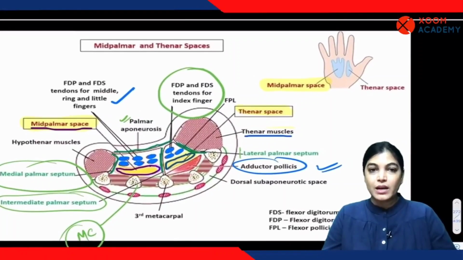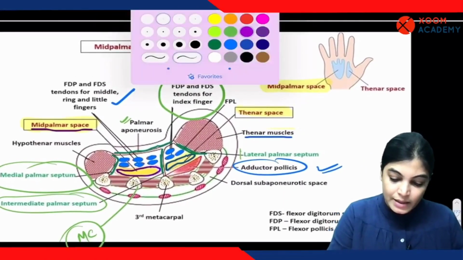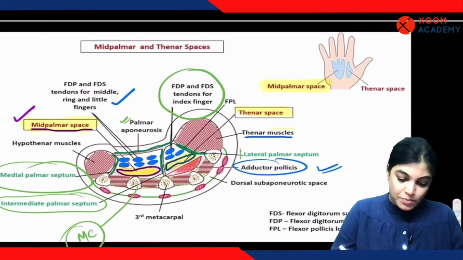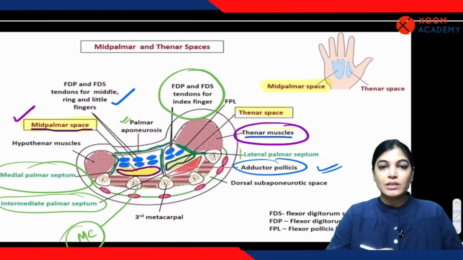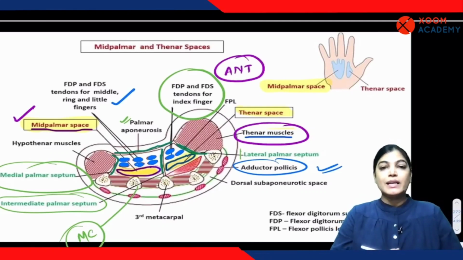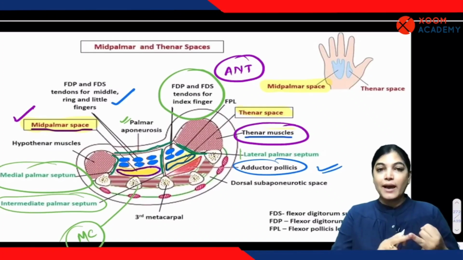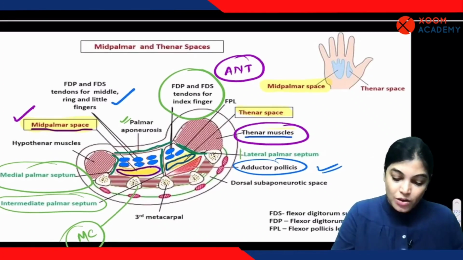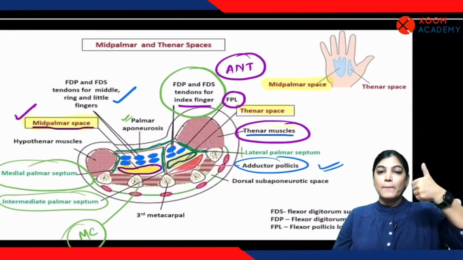In this image, you can clearly appreciate that the mid-palmar space is lying on the medial side, but the thenar space is lying on the lateral side. So the thenar space will be anteriorly related to FDS. See here in the diagram, it is related with the tendons of FDS and FDP for the index finger, and also with the tendon of FPL for the thumb.